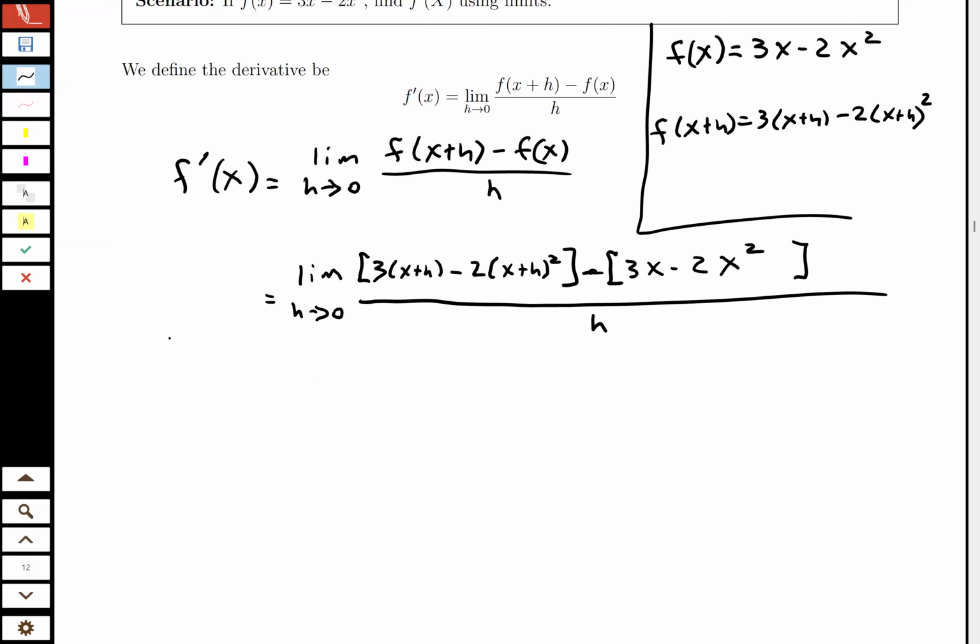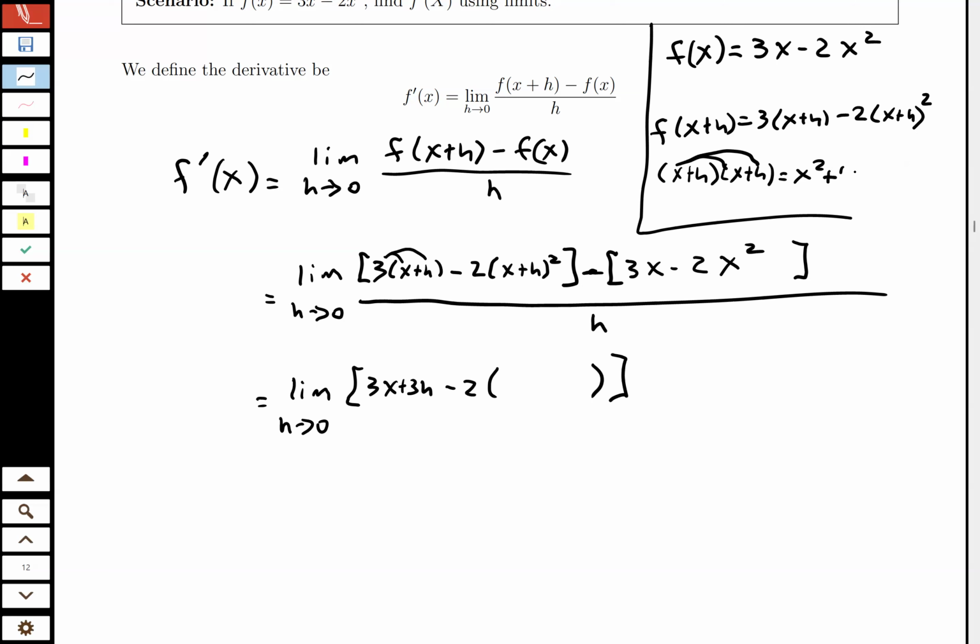I'm going to make some things worse before I make them better. I'm going to multiply this 3 out here. So distributing the 3, that gives me a 3x and a 3h, minus 2 times, and I'm going to multiply out that x plus h squared. If you were to write that as x plus h times x plus h, x times x gives you x squared, x times h gives you hx, h times x, I'm foiling, gives you hx, and h times h gives you h squared.